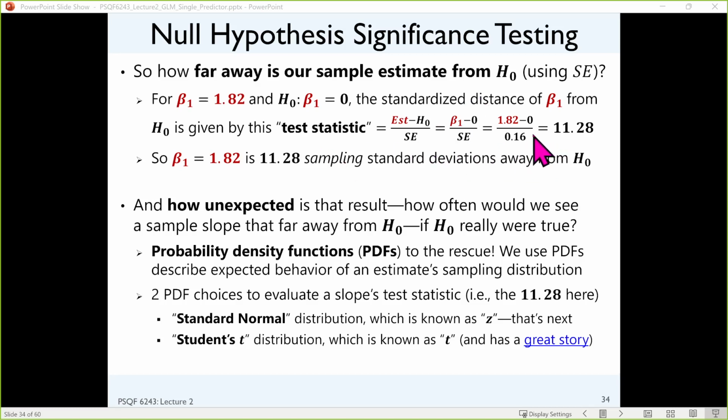This formula provides us with something called a test statistic. The result of this formula for this data set gives us a value of 11 and some change. What that 11 means is that our slope of 1.82 is 11 standard deviations away from 0, where a standard deviation is indexed by the size of the standard error.